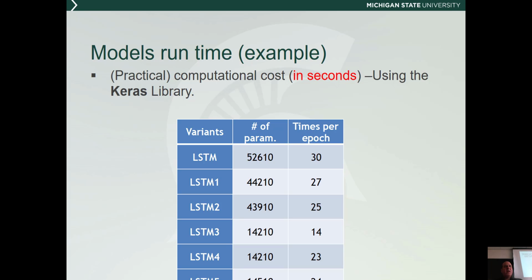So we're running 100 epochs, so you can do the math. The LSTM obviously is just a minor reduction, and then you go all the way. You see that the LSTM 3 here is still the fastest in this case, and the reason is it has only one parameter, which is the bias. These, 4 and 5, are similar to 1 and 2. But there are reductions in all of these.